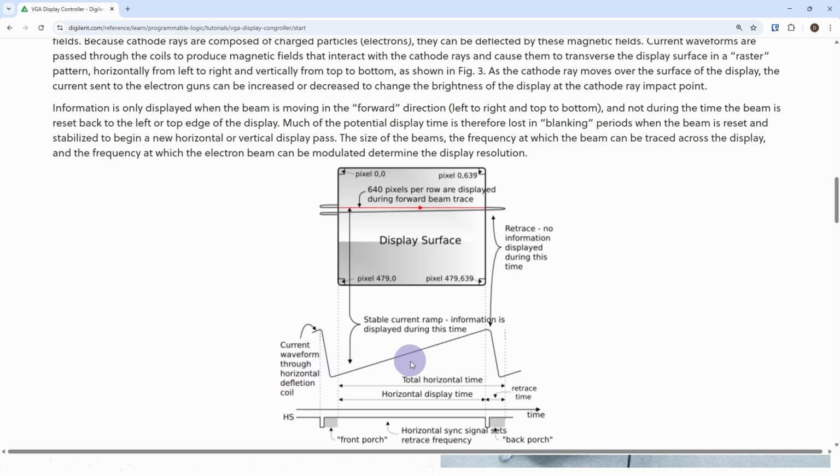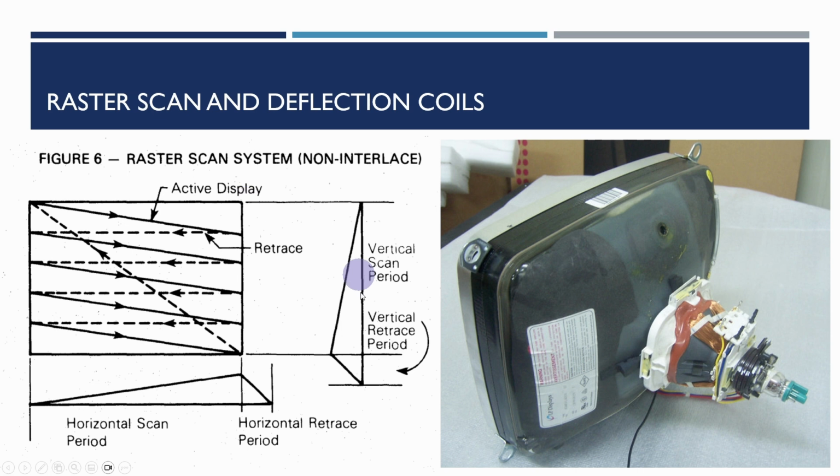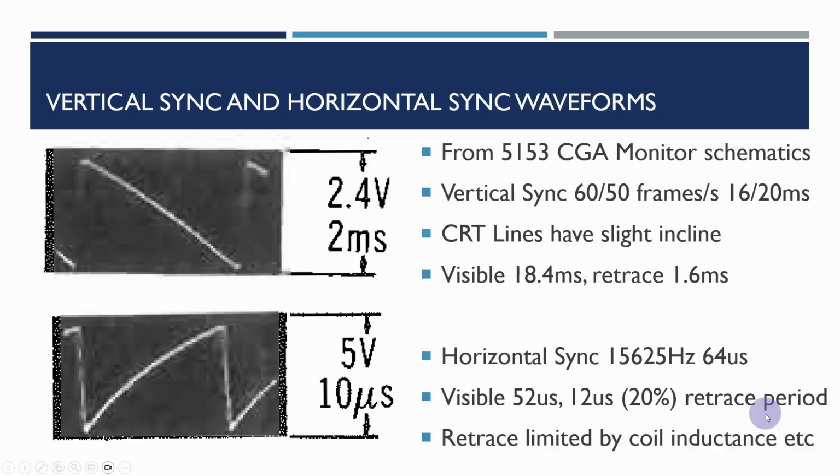You'll see these sawtooth-type waveforms: a sawtooth waveform going down for the vertical refresh, and a much higher frequency horizontal waveform going across. The key thing is making sure we've got the right vertical and horizontal frequencies, and also, in computer monitors, the dot clock. This is the pixel clock that we use to turn the dots on and off.